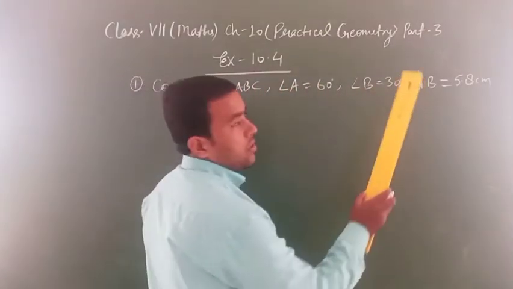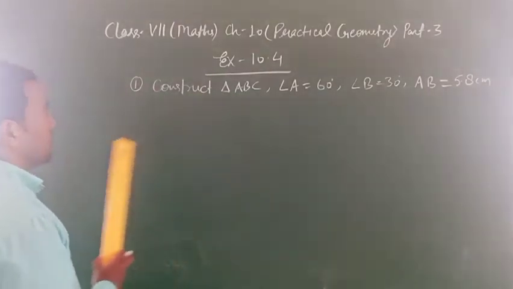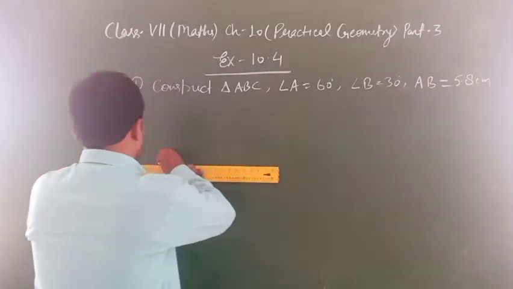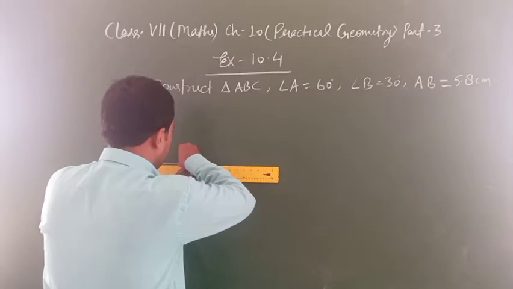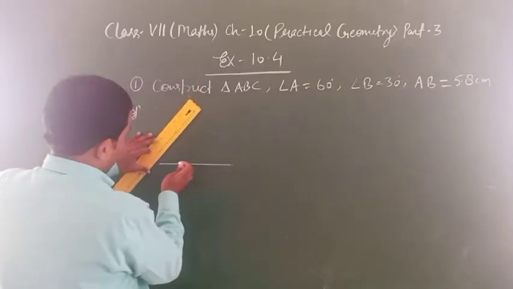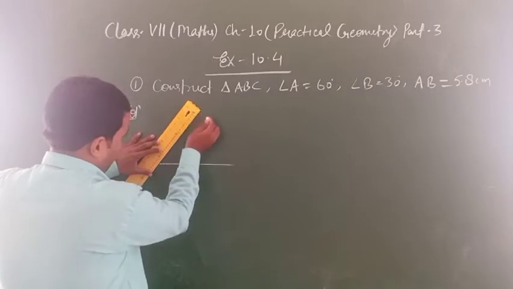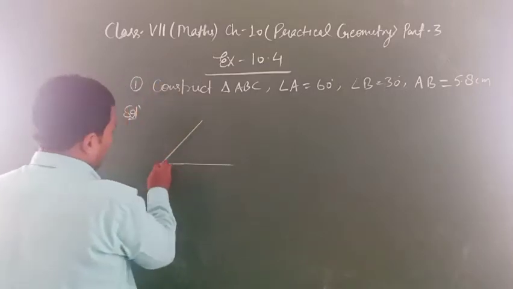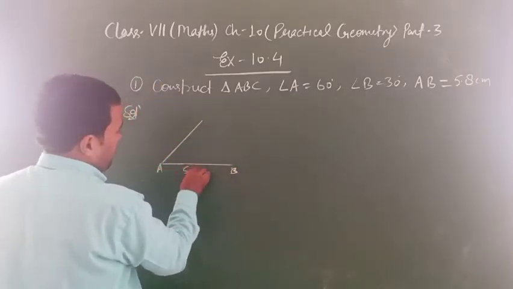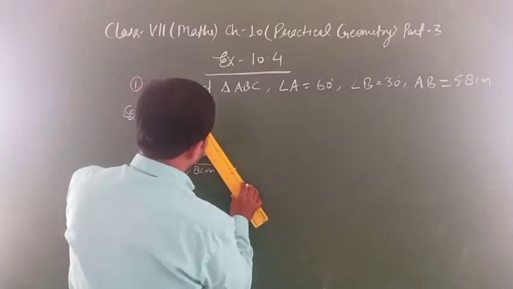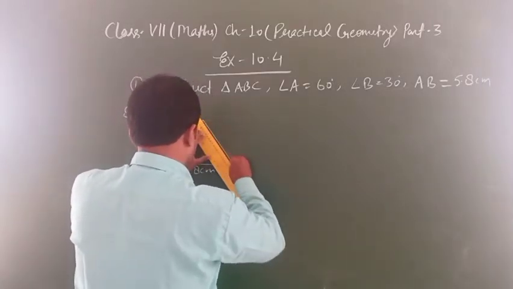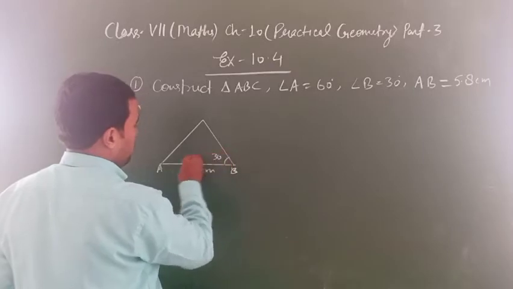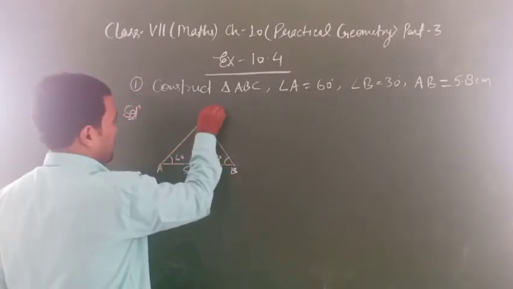This type of triangle, first we will make a rough sketch. Okay? Rough sketch we will make. AB 5.8 centimeters. Clear? And angle B 30 degrees, angle A 60 degrees.